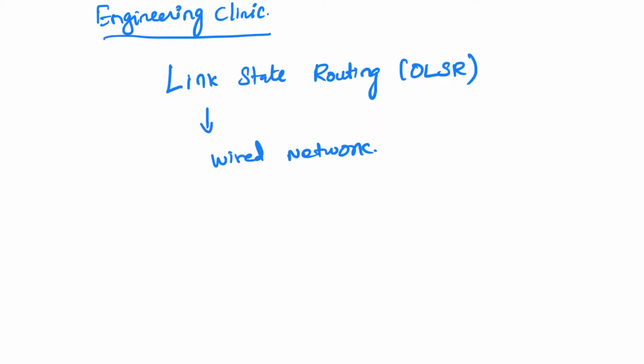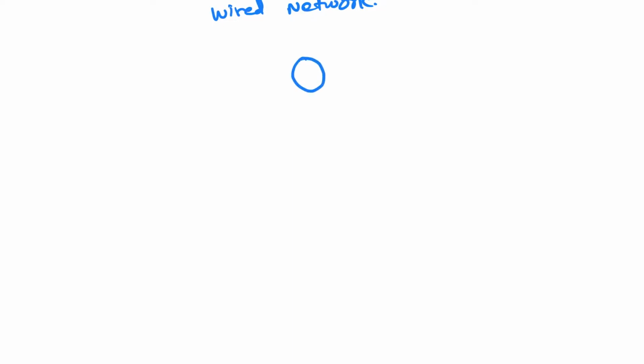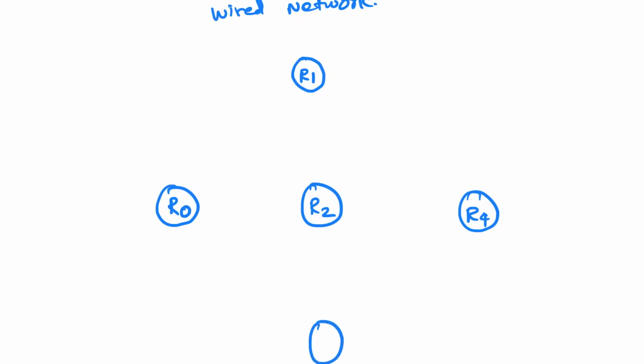So first let me design the network. I just want to design this network like this. R1 is router 1, here this will be R0, here this will be R2, and here this will be R4, and this will be R3.